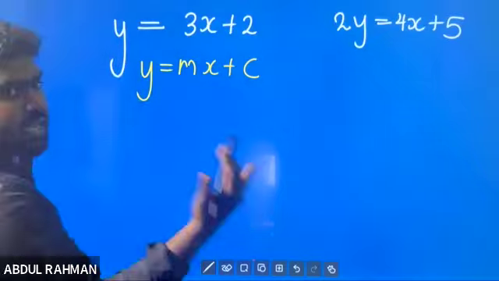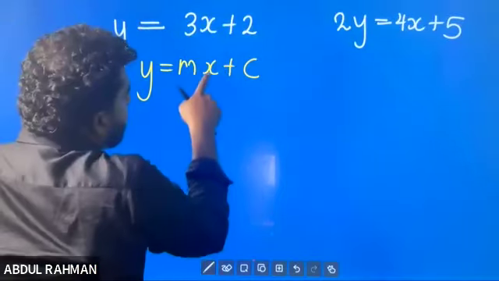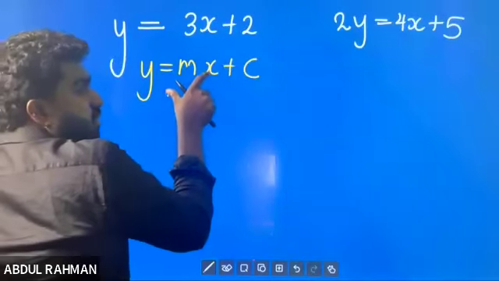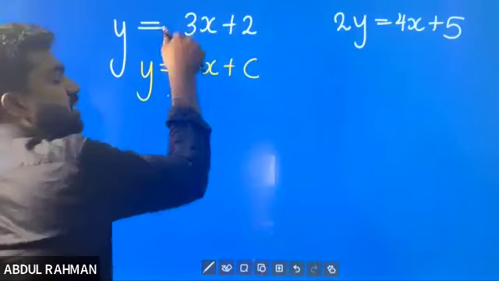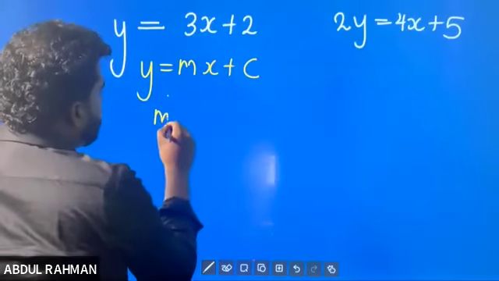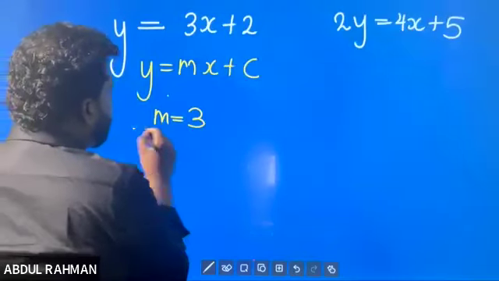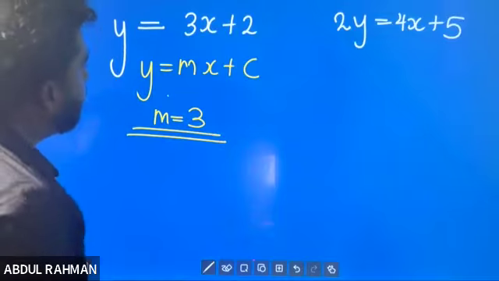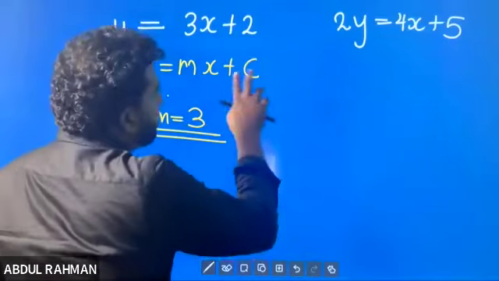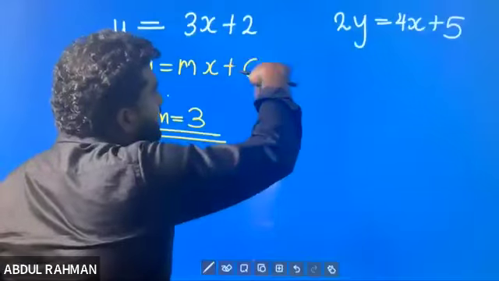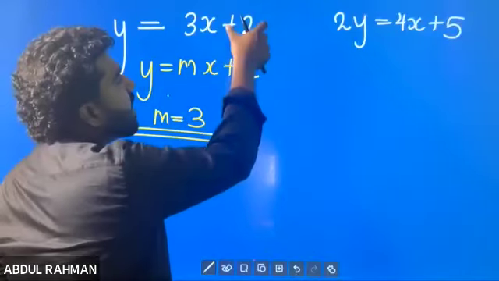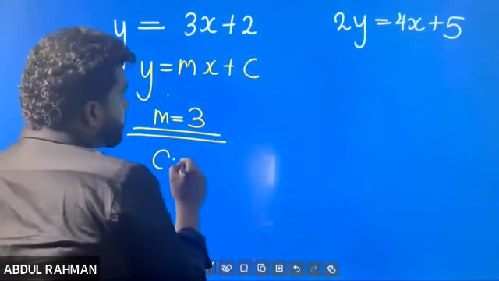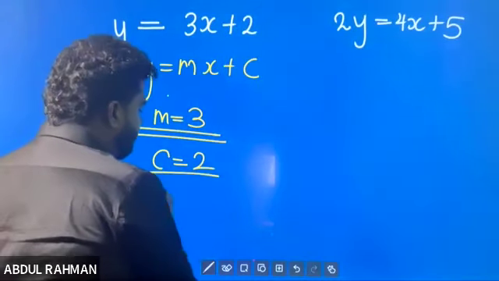Now, when I compare, m is the coefficient of x. What is the coefficient of x here? m is equal to 3. So the gradient of this graph is 3. Plus c, the value which is getting added. Here c is equal to 2.